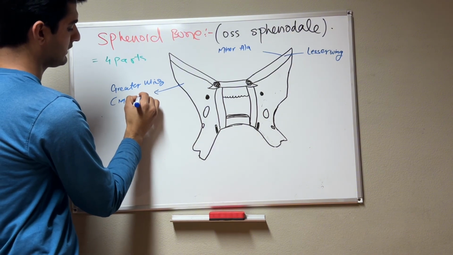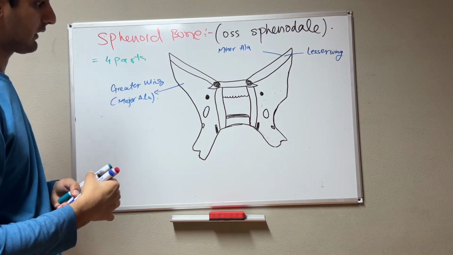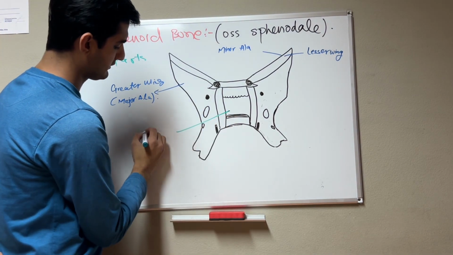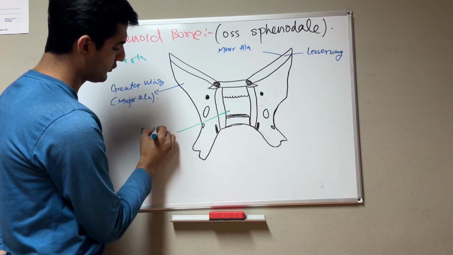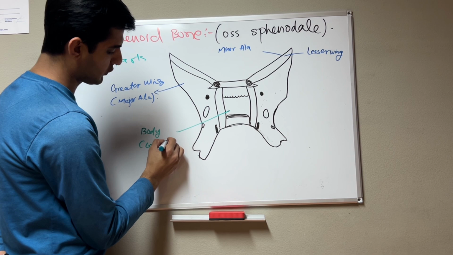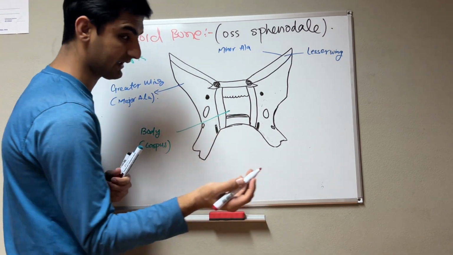Next, the most important, this is the body of the sphenoid bone, corpus in Latin. Next, the 4th part, outside.